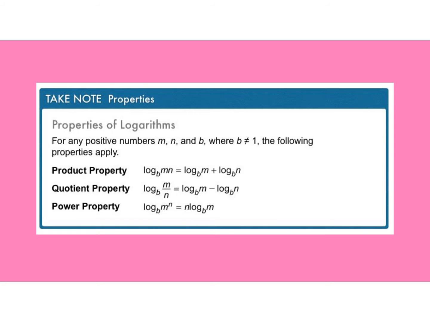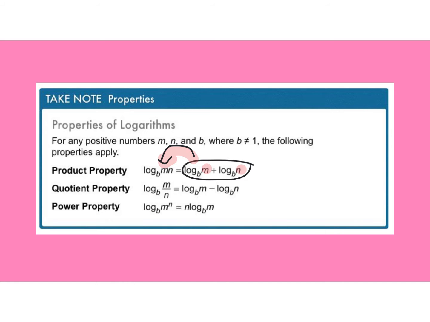So we can condense logarithms if we had one log plus another log, like it is here. We can condense it by multiplying the two things together, m and n, and just have one log there. So this is condensing our log.